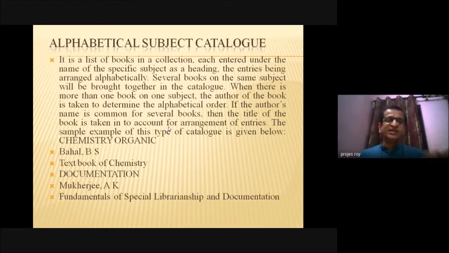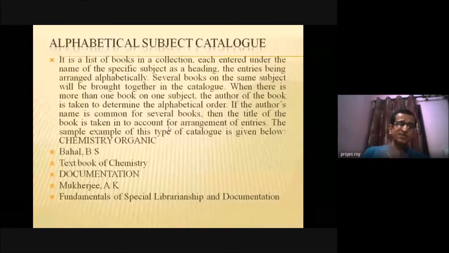That's basically the thing. So here you can see organic chemistry. Here you can see Bahl BS, textbook of chemistry also taken over here. Here you can see documentation, Mukherjee AK, fundamentals of special librarianship and documentation, also by KK. It has been kept on that. So this is the alphabetical subject catalog.